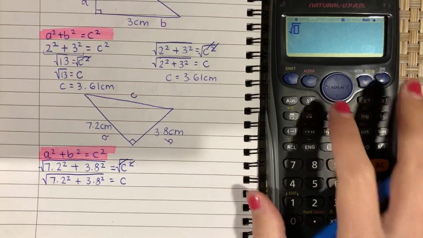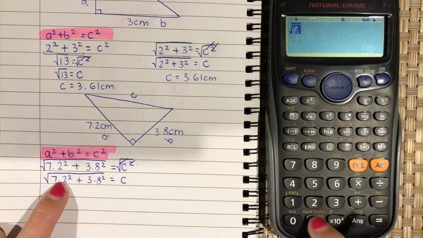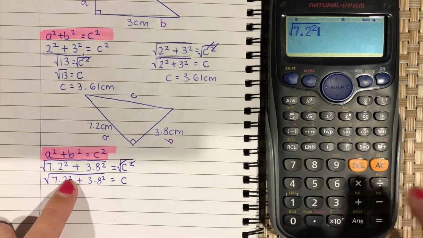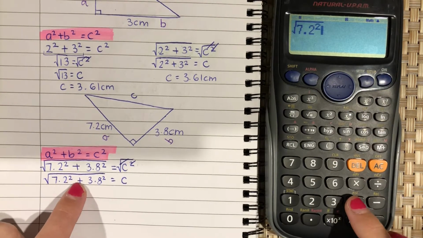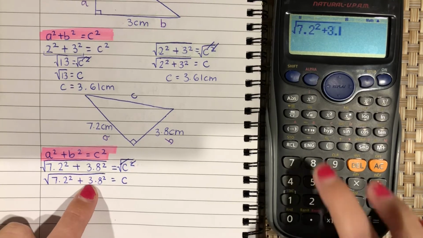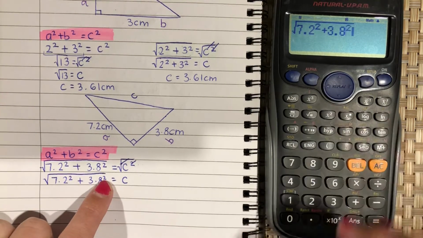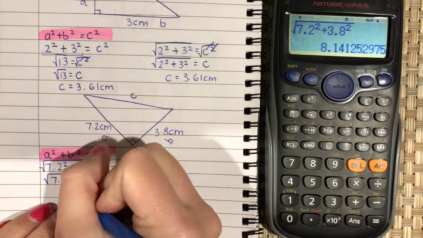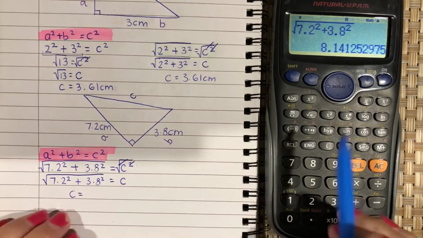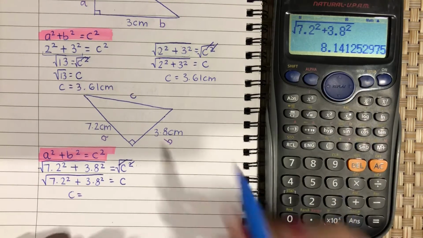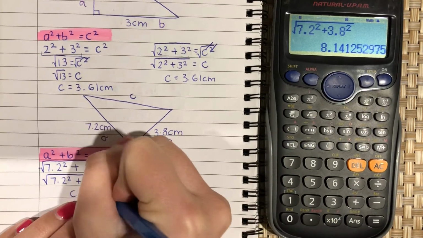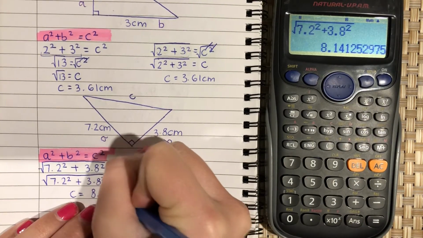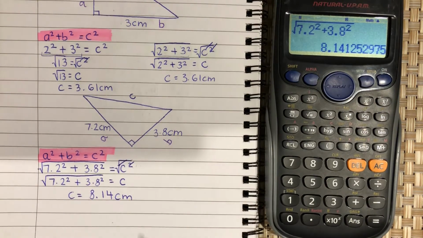Square root 7.2 squared plus 3.8 squared equals, and we get C equals 8.14 centimetres.